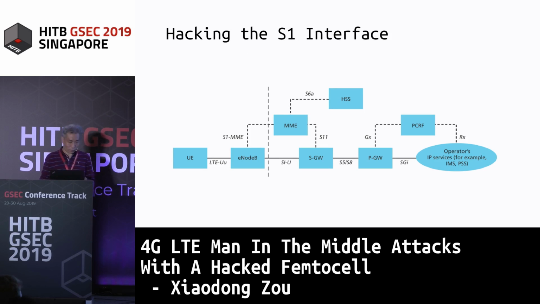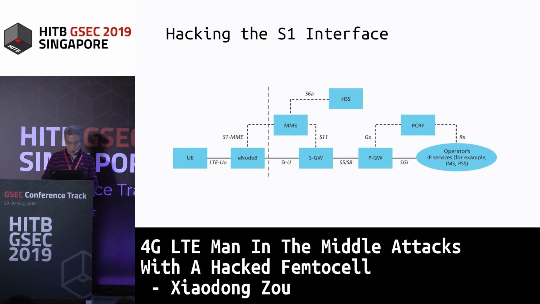So what we are talking about is hacking the interface here, the S1 interface. This is the signaling, this is the data, but it's all in one line, one cable.